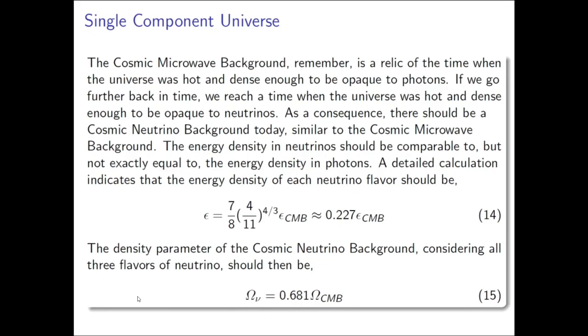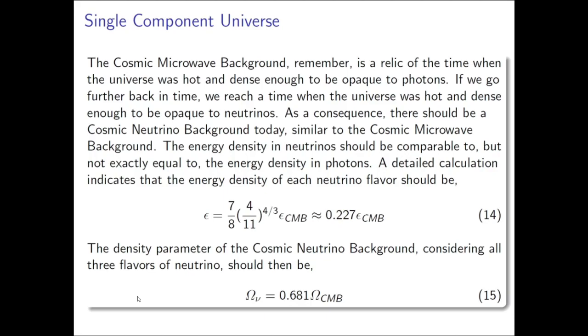This is what we have seen in the cosmic microwave background. But if we go further back in time, to a point after the Big Bang, we can also explain the same thing in the case of neutrinos.